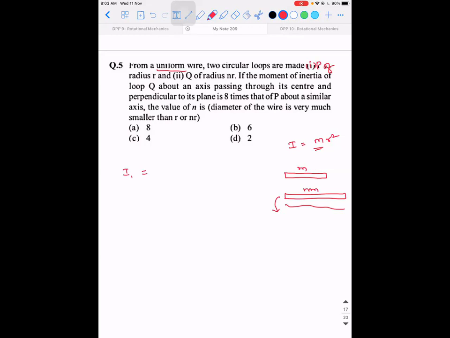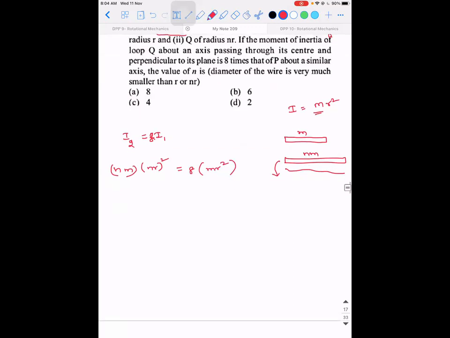So I1, the moment of inertia of loop P, and I2, that of loop Q, is equal to 8 times I1. So I2, what should I write, guys? nm into, what is the radius of this part? nr squared is equal to 8 times I1, which is mr square.